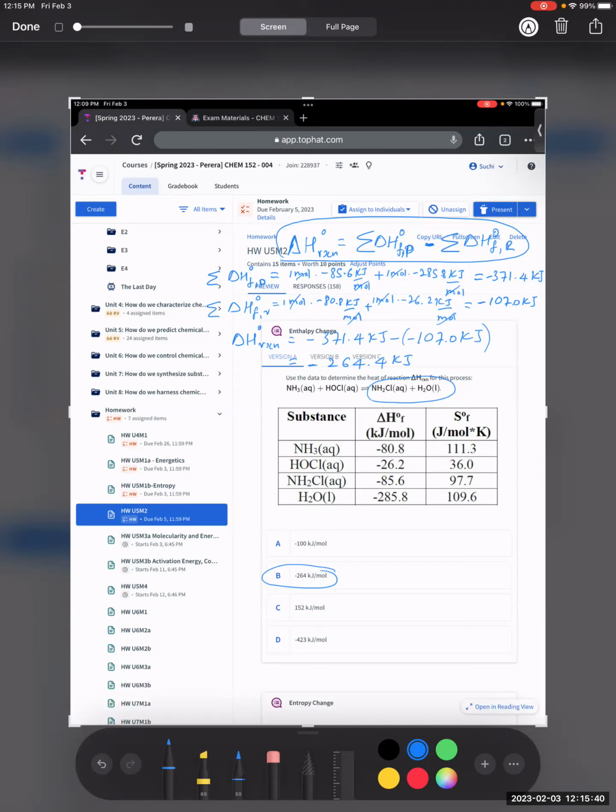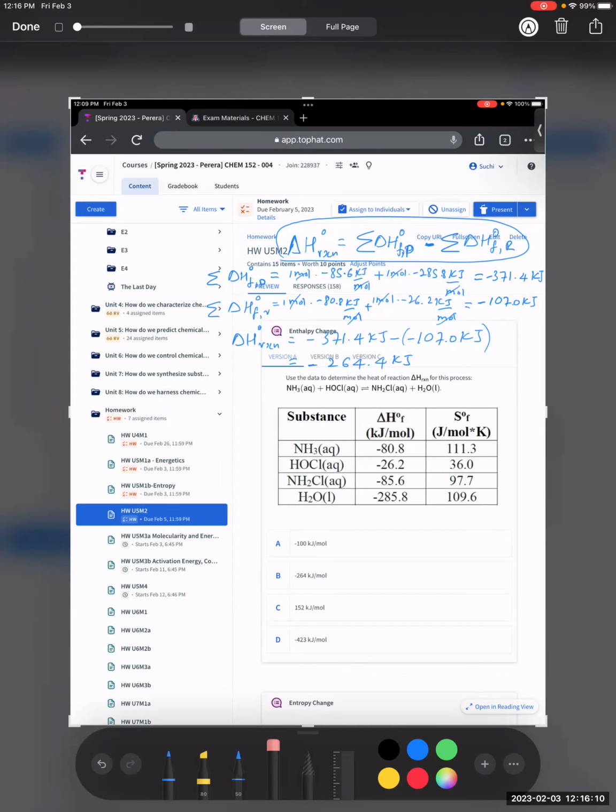Okay, now let's do the same thing with delta S. I'll do it here and then we'll look for the answer later. I'll leave delta H reaction here so that we can refer to it later. So delta S reaction is the same thing, products minus reactants.